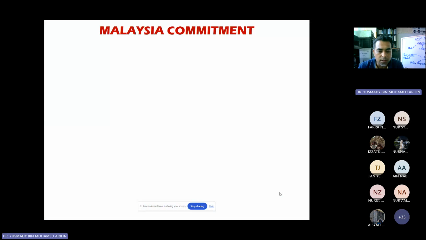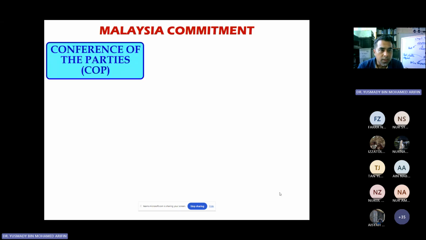Okay. So the motivation for the introduction and implementation of the policies in Malaysia first comes from the Conference of the Parties, in short form we call COP. So this is a kind of meeting between different countries.